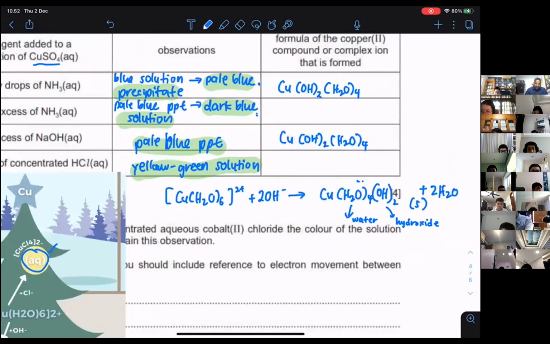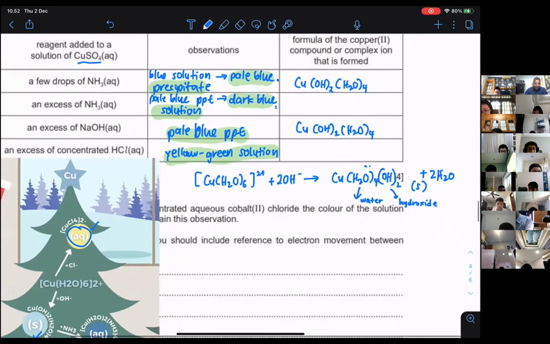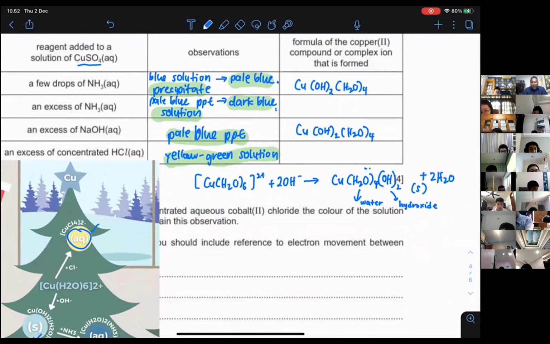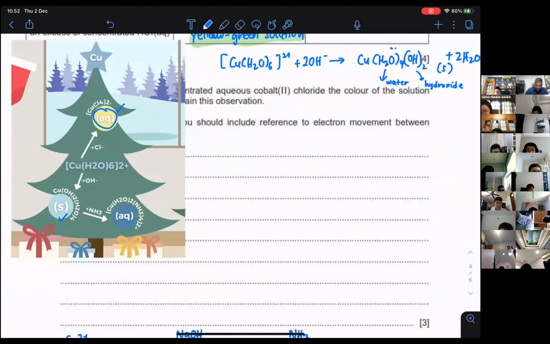Let's actually look at excess ammonia. So when you react with excess ammonia, of course, I'm not going to write the equation. You will get copper, all the ammonia will come in, NH3 6, and still 2 plus.